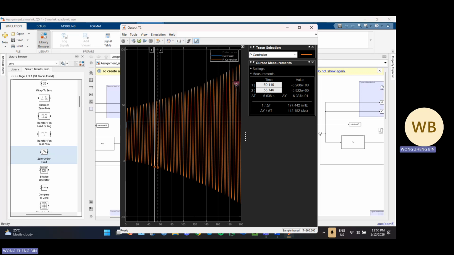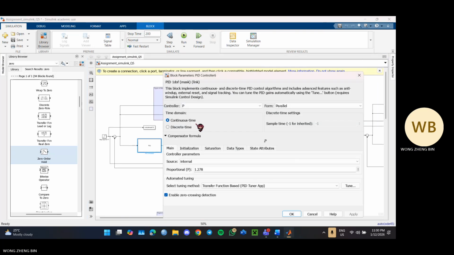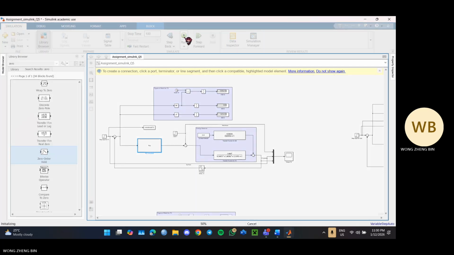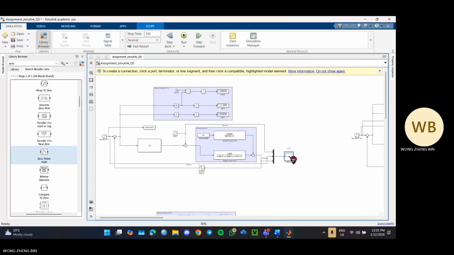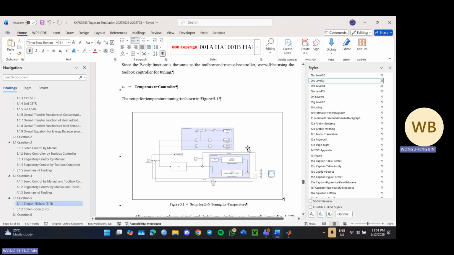You can see the graph starts oscillating. I'll create this graph. Okay.